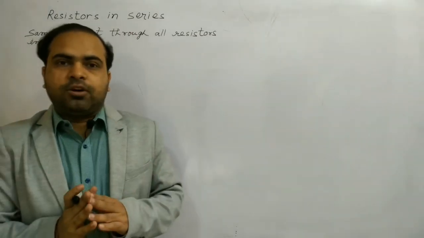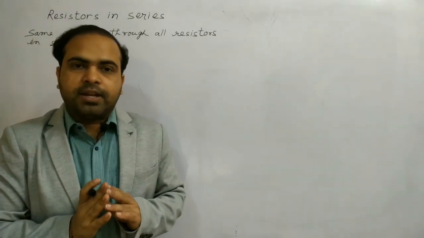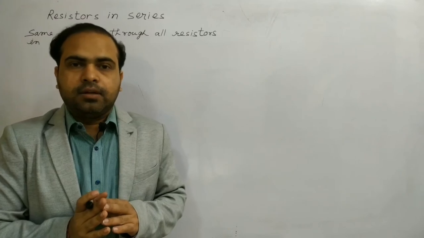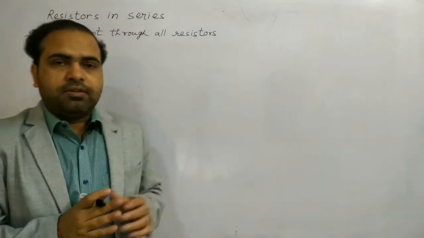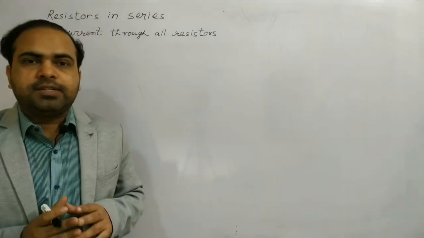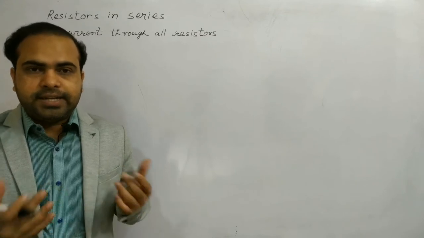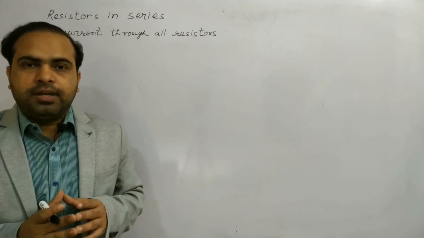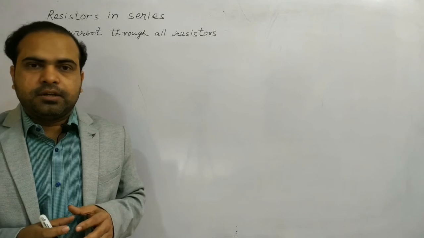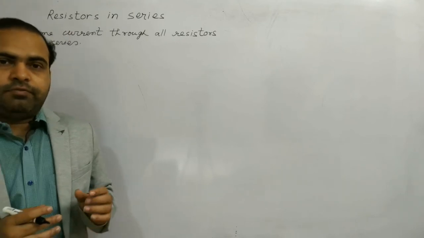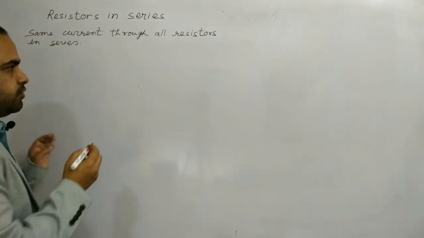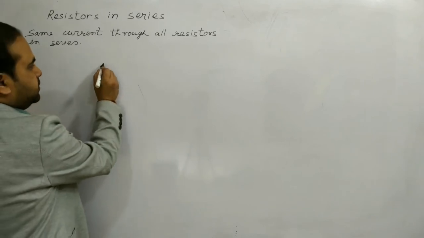So in series combination we get same current through all the resistors. Actually this is the method to identify whether a given set of resistors is in series combination or not in a complicated circuit. So suppose we have been given a set of resistors like this.